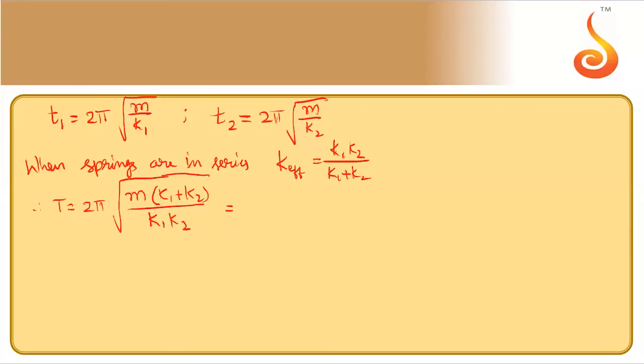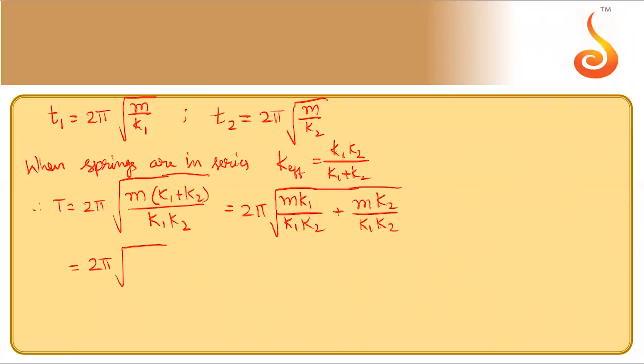See, this we can write by splitting the fraction as m K1 divided by K1 K2 plus m K2 divided by K1 K2. So further, this can be written as 2 pi root of m by K2 plus m by K1. Correct?